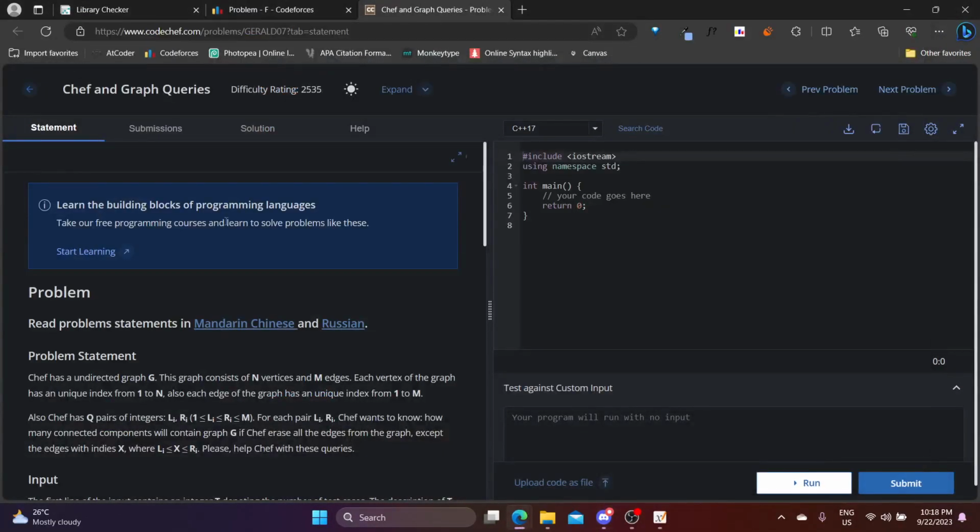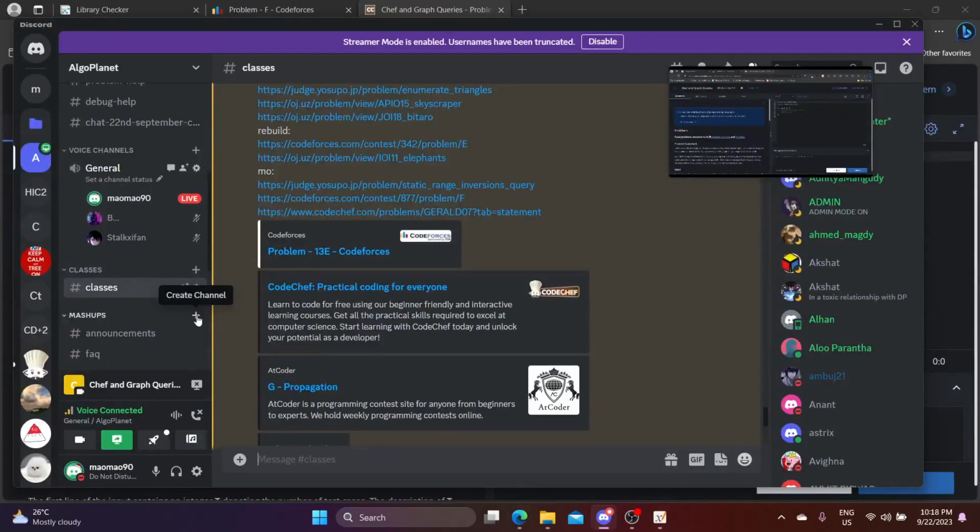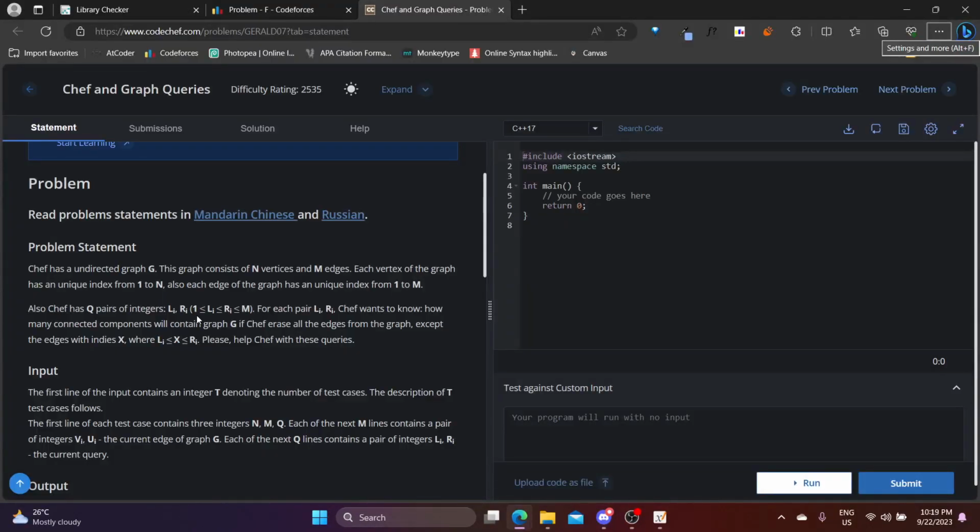Okay, so for the last question, basically you have a graph. In the graph, the queries are given as L to R. Each edge is numbered from 1 to m.